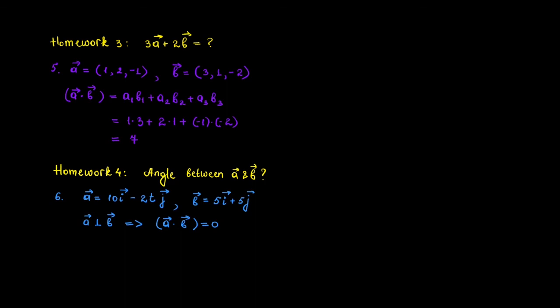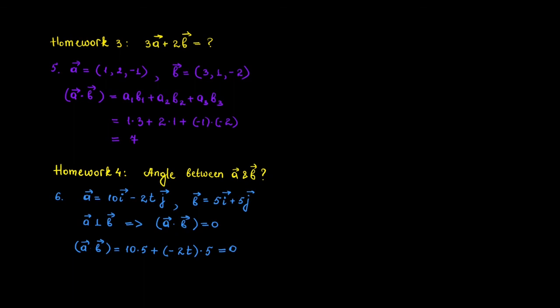So let's find their scalar product then. A scalar product with B vector is equal to, so 10 multiplied 5 plus, so A2 is equal to minus 2t, right? Multiplied B2, so it is equal to 5. According to this relationship, it should be equal to 0. So scalar product should be equal to 0.